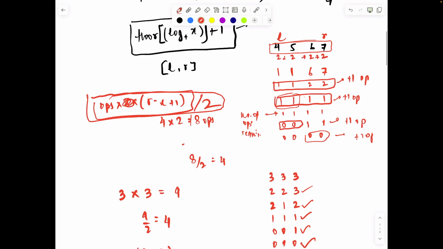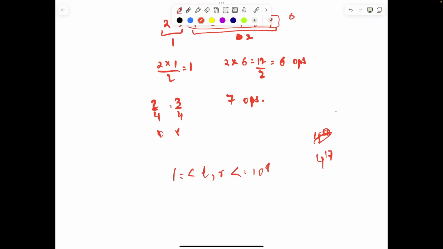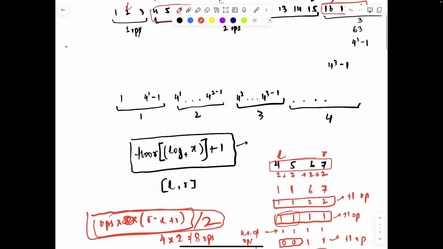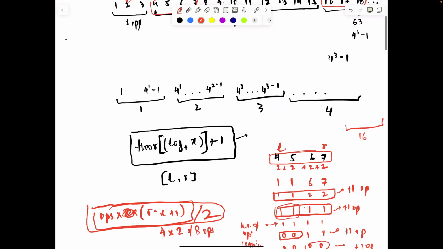If we go to 4 power 17, this number is greater than our 10 power 9 range. So basically, you would need 16 such intervals, where 16 operations are required to get to the answer, right?